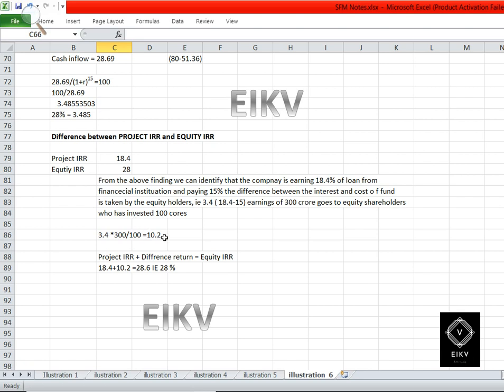For that computation we need to take another formula, which is the difference of 3.4 multiplied by 300, which we have taken as loan, divided by 100 crore, which is the equity capital. Therefore we will get 10.2%. So when we add this difference of 10.2 with project IRR, we will get equity IRR of 28.